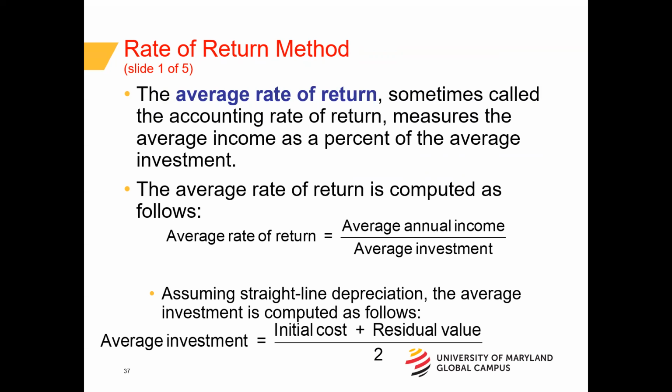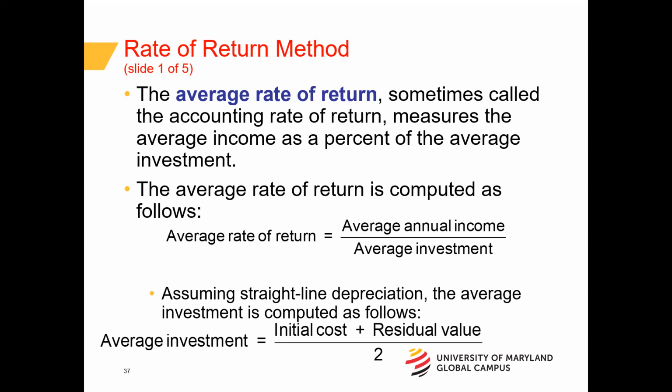To calculate the rate of return, we take the average annual income divided by average investment. How do we find average investment, you might be asking? How do we find average annual income? It's the average, right? So if we're looking at an average of X number of years, you add up your annual income for a series of years and divide by that number of years. That gives you your average annual income.